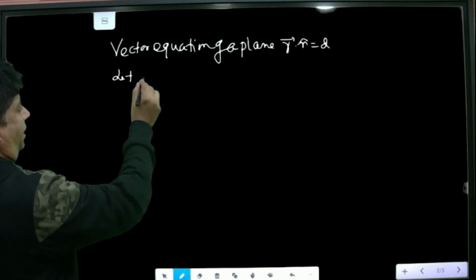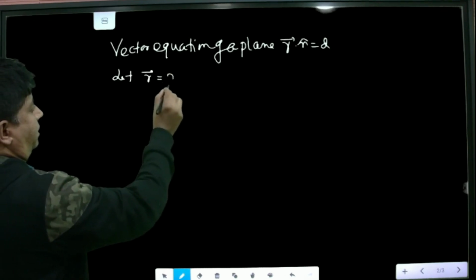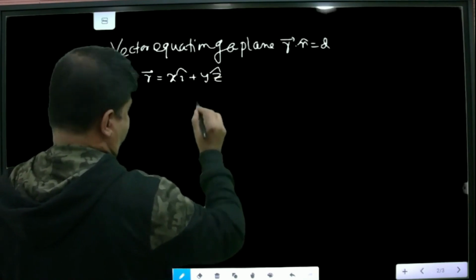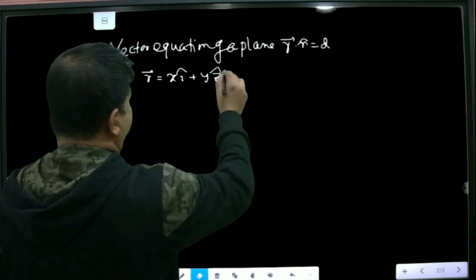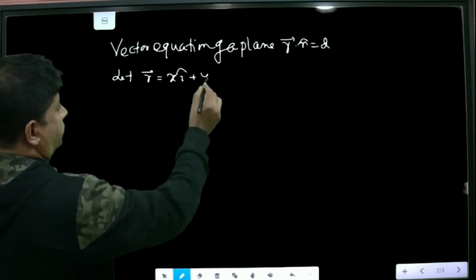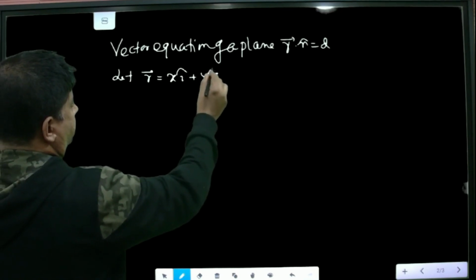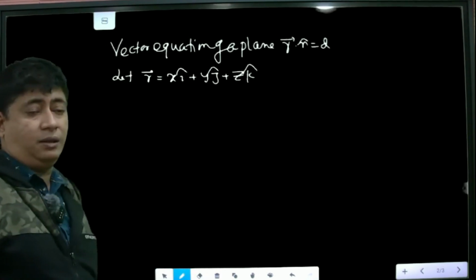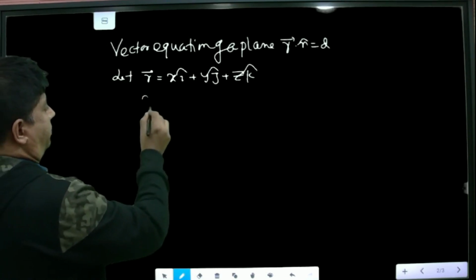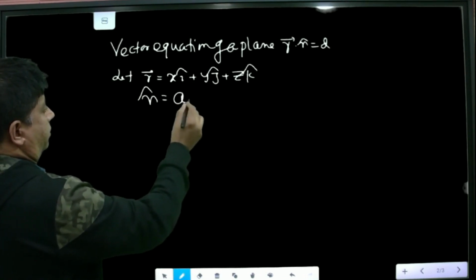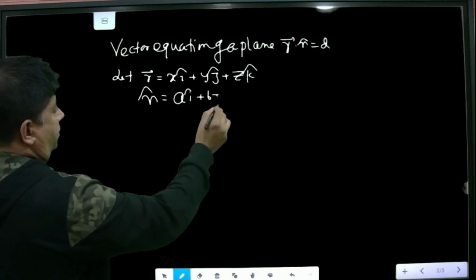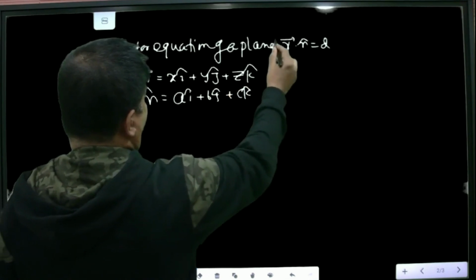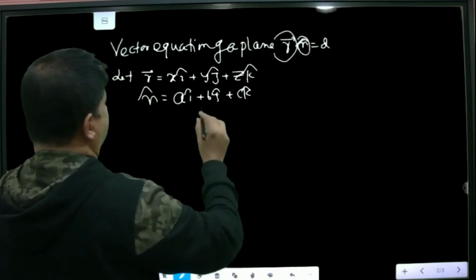Now, let R be any vector, so I can write it in terms of x, y and z. That is vector R, and n cap is AI, Bj, Ck. Now put this in place of this. What is R?